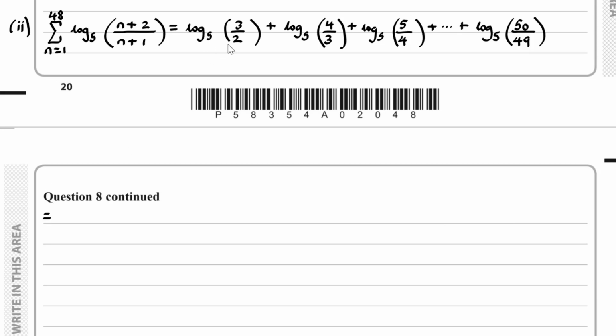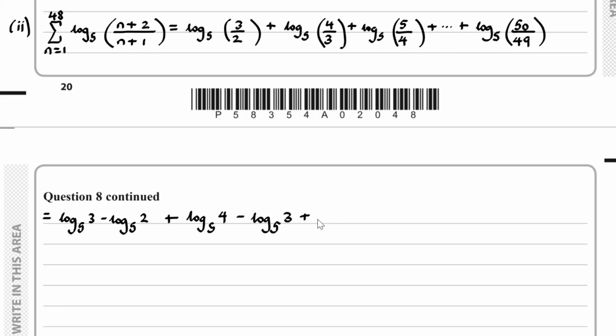So log base 5 of 3/2, that's the same as log base 5 of 3 minus log base 5 of 2. Log base 5 of 4/3, that's the same as log base 5 of 4 minus log base 5 of 3.